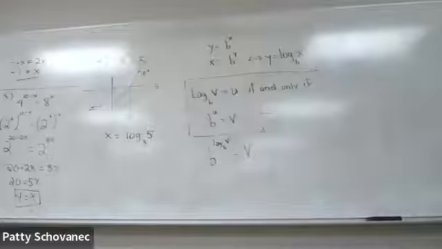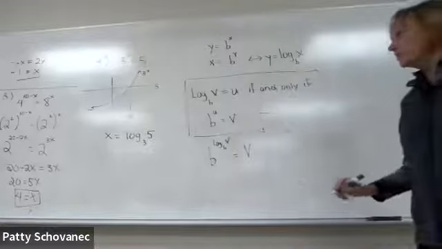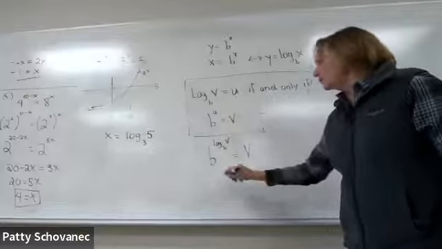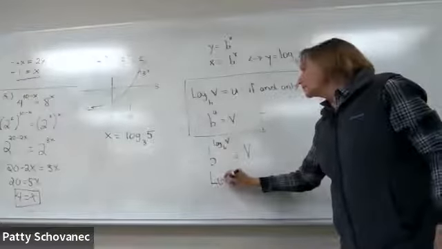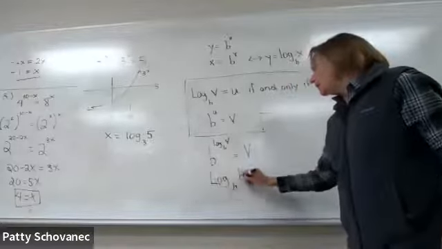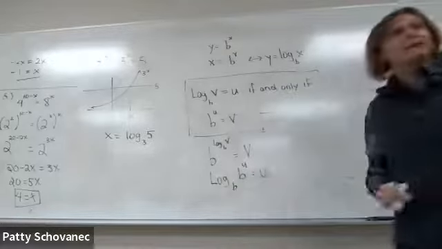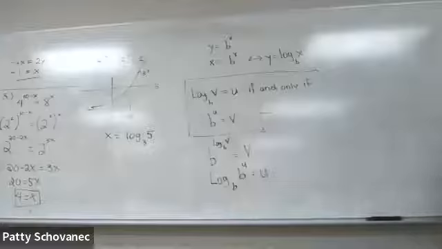These are one-to-one functions, so if I had a logarithm of an exponential function, I'm going to now put, instead of the v here, the b to the u there. It says that the logarithm base b of b to the u is equal to u. Those are all of our one-to-one relationships.